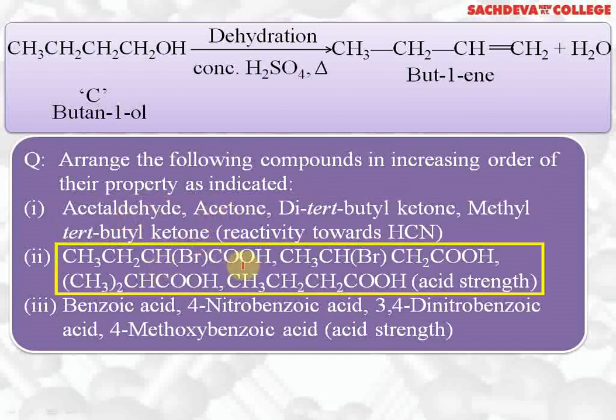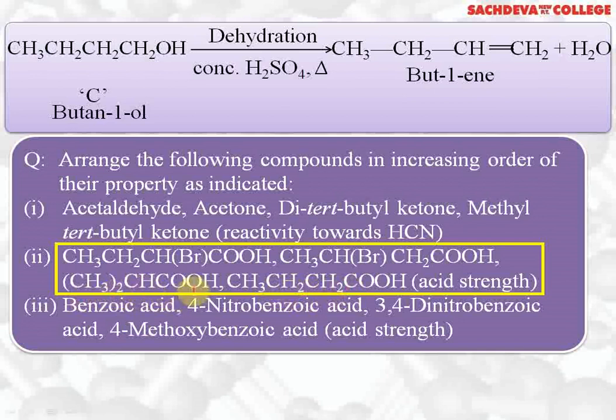Next we have a set of carboxylic acids whose acidic strength we want to check. Now the most acidic will be the one in which Br is attached near to the carboxylic acid. So this is the most acidic. Second most acidic is where Br is attached slightly away from the carboxylic acid. The third will be the one in which neither Br nor a methyl group is attached. And this one is least acidic because there is a methyl group.